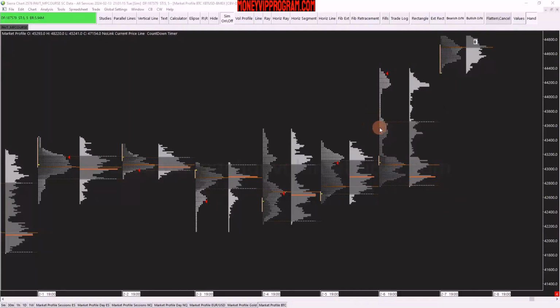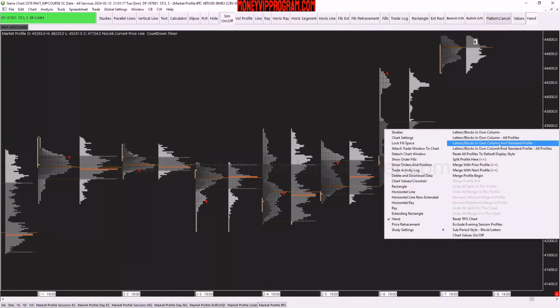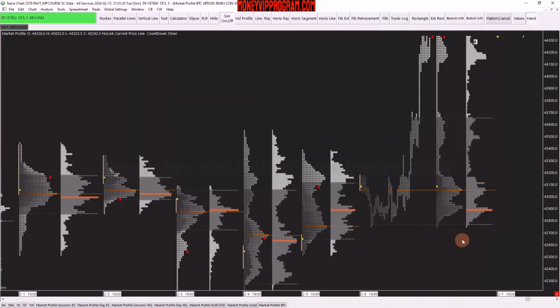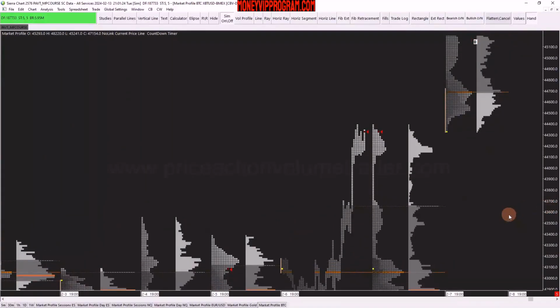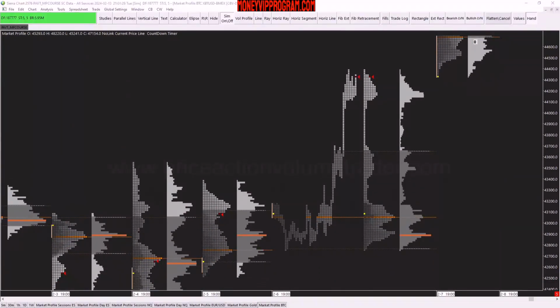I can actually split this, and we can see how the market evolved this day. You can see right near the close of the day, in the last few hours, we had this impulsive move to close at the highs.